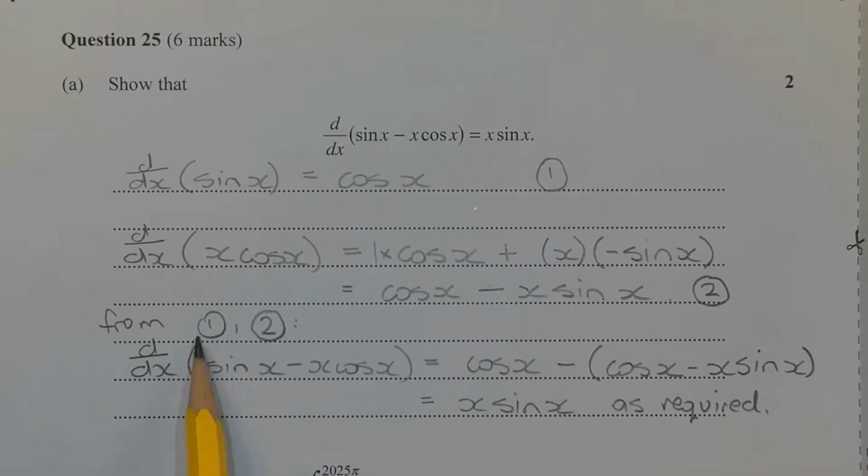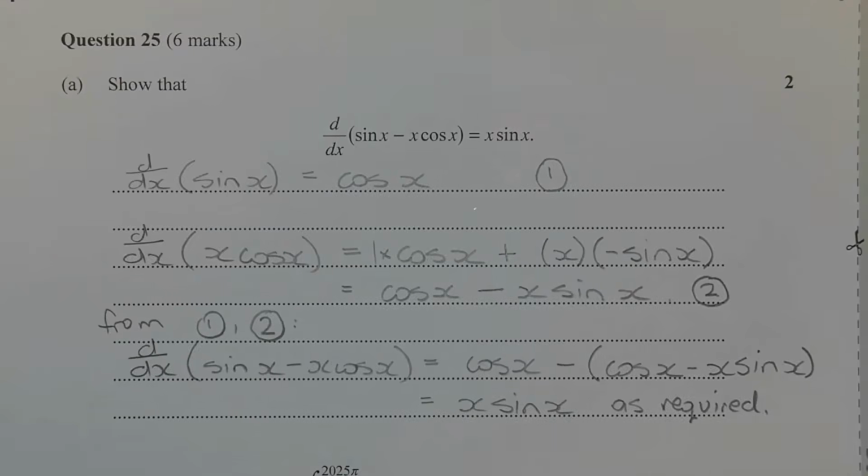So from expression number 1 minus expression number 2, we get d dx of sine x minus x cos x is equal to cos x minus, open bracket, cos x minus x sine x, close bracket. Now when we expand the brackets, the cos x cancels with this cos x here, so it's cos x minus cos x, and it's going to be plus x sine x because we have a double negative here and here, and that gives us x sine x as required.